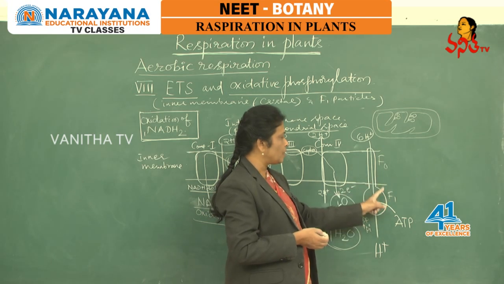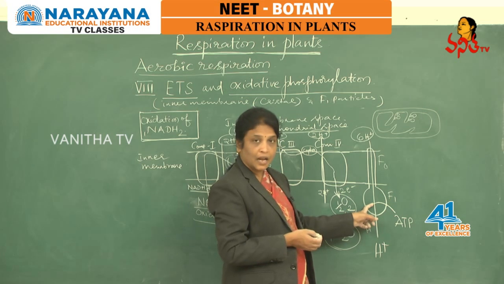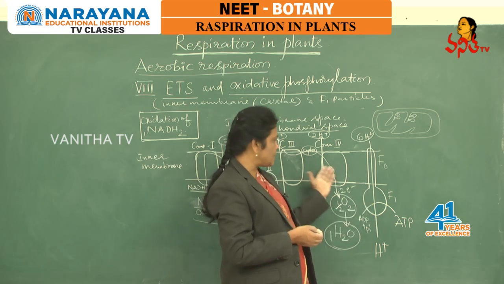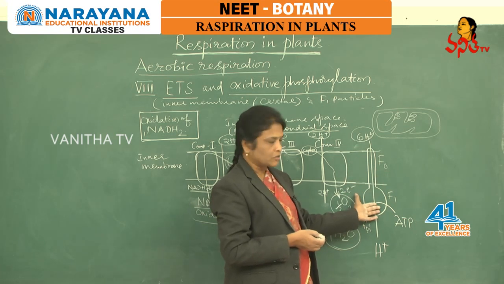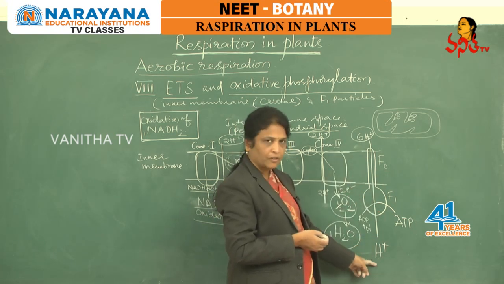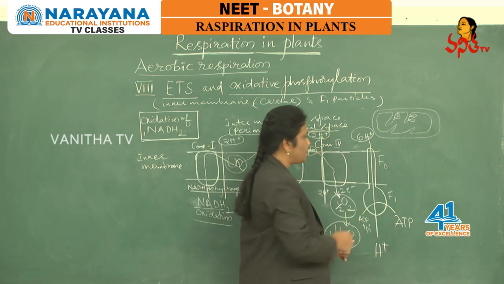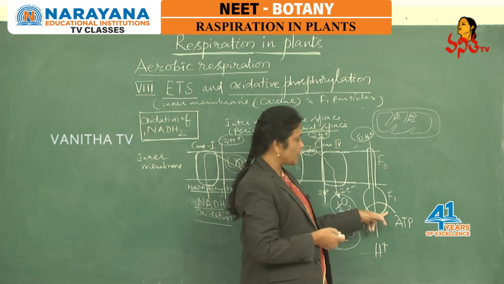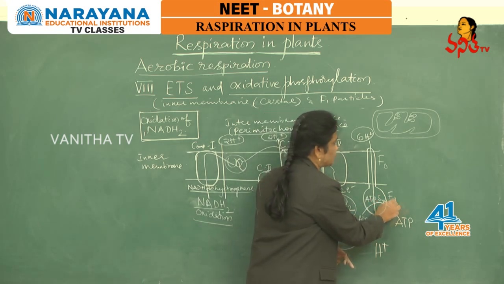Coupling factor has 2 parts, F0 and F1. F0 is the proton channel that allows channeling of protons. As the membrane is impermeable, only the coupling factor can channelize the protons from the perimitochondrial space to the matrix. And F1 is the head part of the coupling factor, the catalytic side with the enzyme ATP synthase.